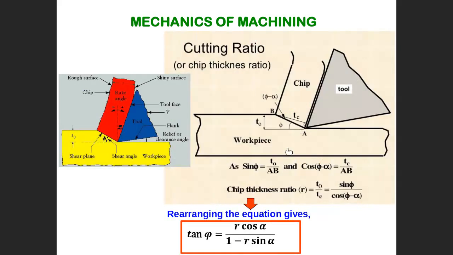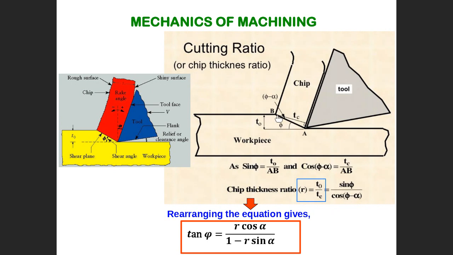This is the tool. Please give me your attention. This is the TC. This is the T0. You know that R equals T0 divided by TC, right? You agree? Then the cutting ratio equals T0 divided by TC. Let us see how to obtain this equation.